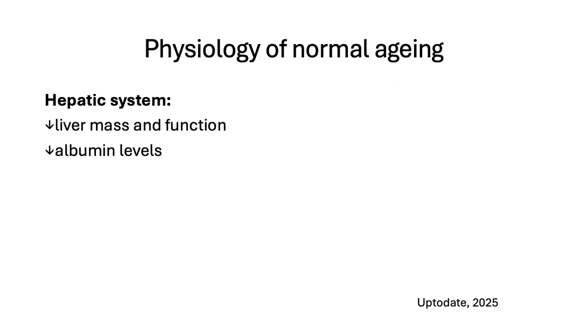So if you're giving them local anesthetics, probably as an infusion in a catheter, or you are running maybe a lidocaine infusion IV, you need to bear in mind that these patients might be at risk of developing local anesthetic systemic toxicity simply because they've got decreased albumin levels, and also their liver function is decreased, so they'll not be able to metabolize the local anesthetic as quickly as the young healthy patient.